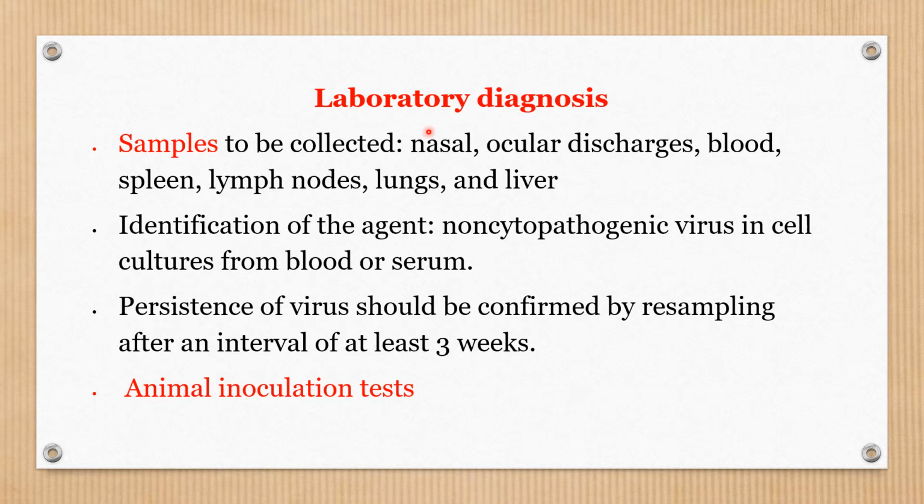Laboratory diagnosis is used to confirm the disease. The samples to be collected are nasal secretions, ocular discharge, blood, spleen, lymph nodes, lungs, the liver, and some parts of the intestine.